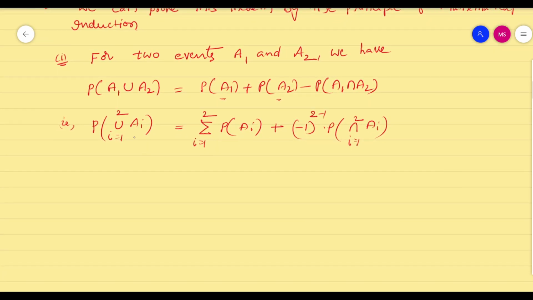Hence the theorem is true for n equal to 2. Very simple.